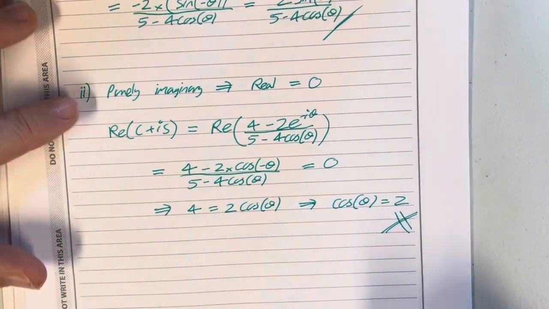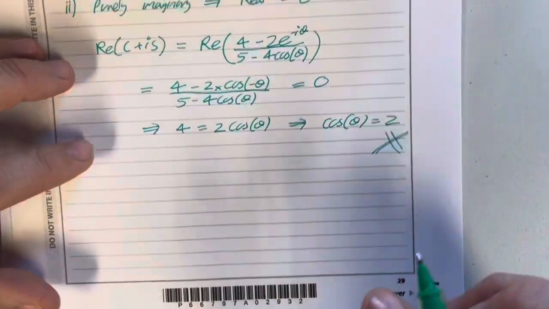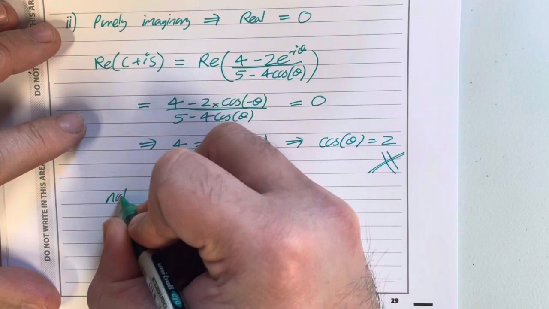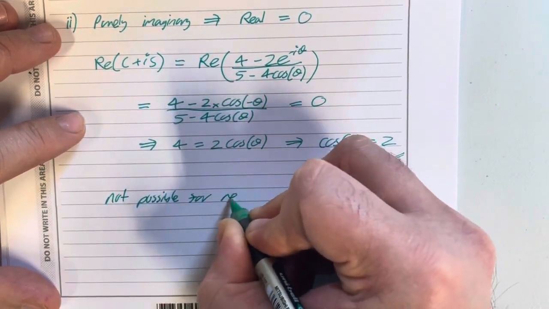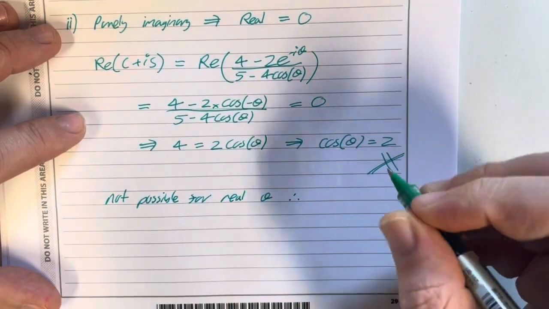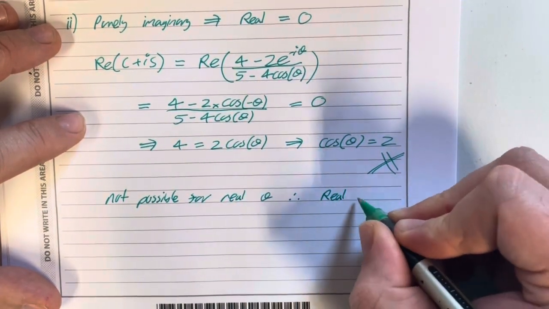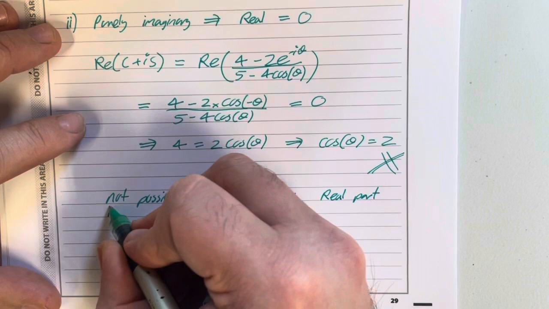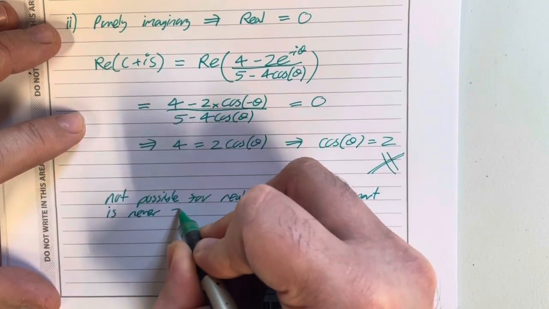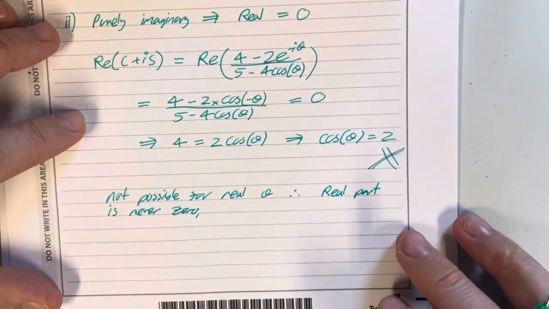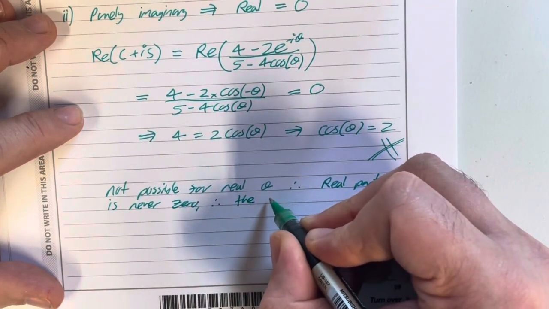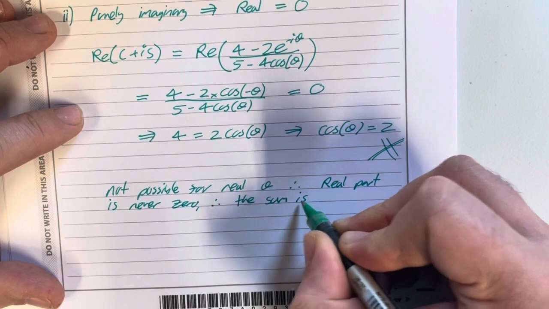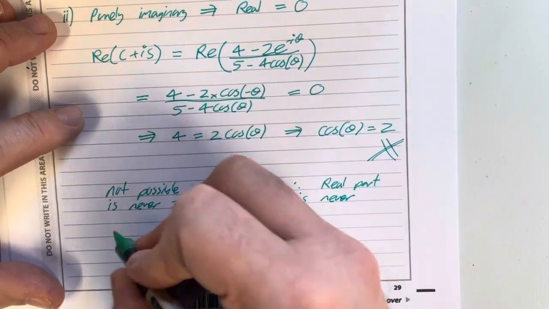Well, that's not possible for theta real. Therefore, the real part is never 0. Therefore, the sum is never purely imaginary.